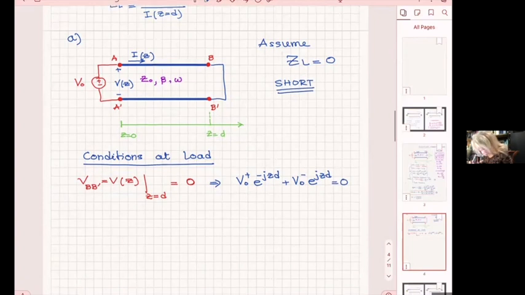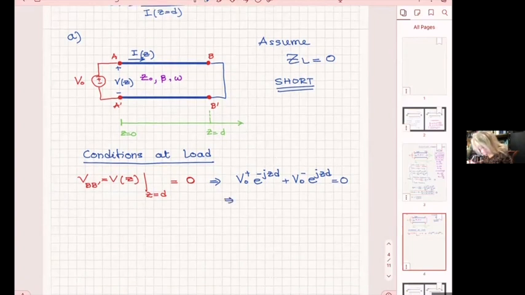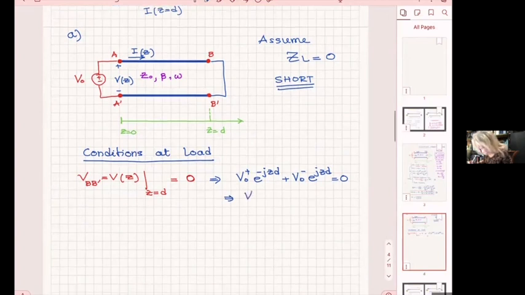So that gives me a relationship between V naught plus and V naught minus. So I have that V naught minus, I can write, is minus V naught plus e to the minus J 2 beta D. So that's what these two are giving me.